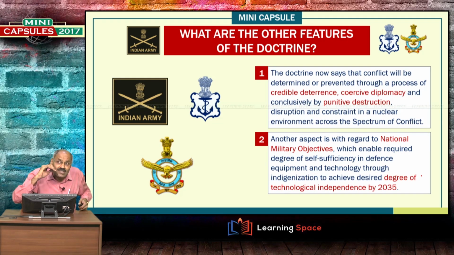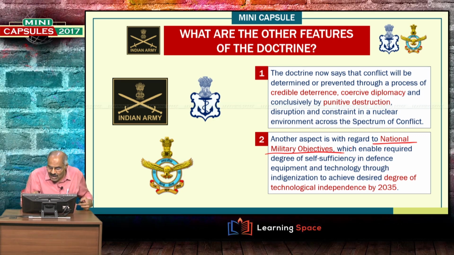What are the other features of the doctrine? Please go through this; two or three important points are there. As I have already told you, surgical strikes. The second point is that the no first use policy will be continued. The third important point is with regard to national military objectives, self-sufficiency. Self-sufficiency in military appears to be quite far away. Even as of date, we are dependent upon foreign countries for 70 to 80% of our needs.